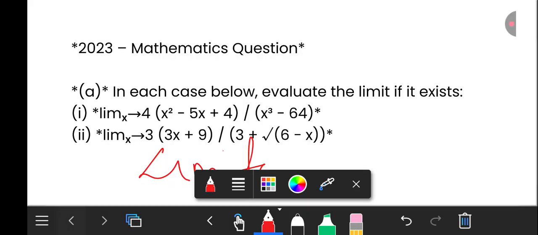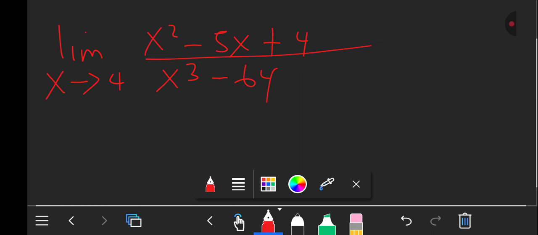Let me just check if I've written the right thing. Okay, that is the question.